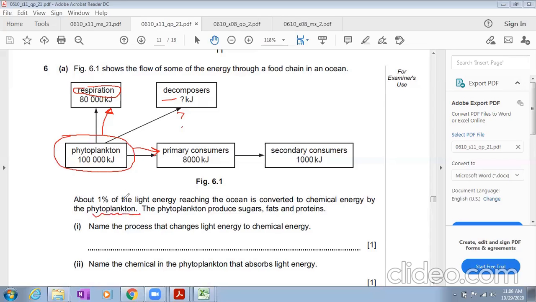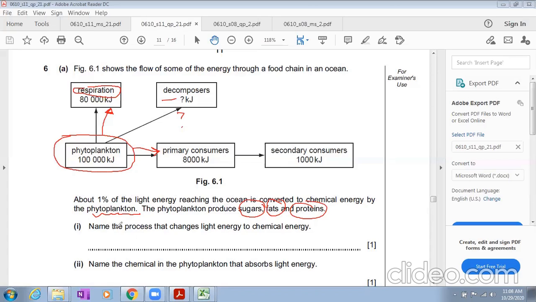Only 1% of the sunlight reaching the ocean will be converted into chemical energy by phytoplankton. By utilizing that energy, phytoplankton will produce sugar, fats, and protein.